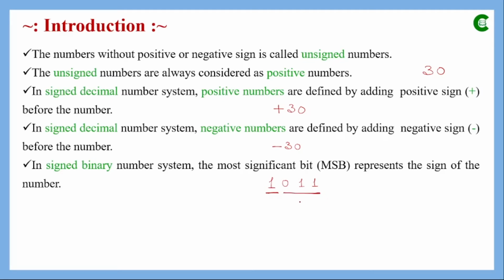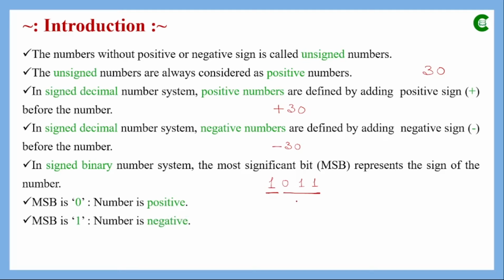Now the question comes: what should the value be if the number is positive or negative? The rule is, if the MSB is 0, then the number is positive, and if the MSB is 1, then the number is negative. In the example I have taken here, this MSB represents the sign.